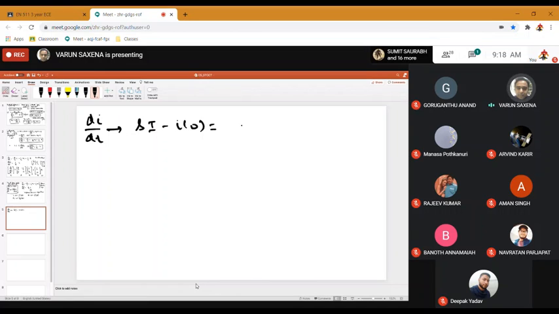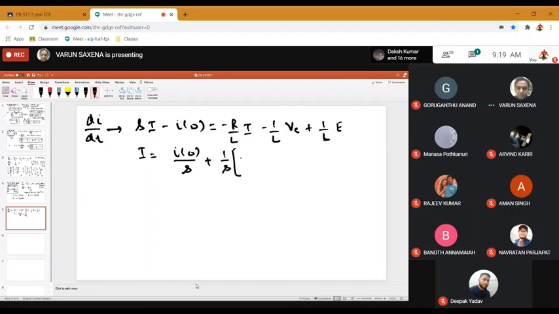So this becomes equal to minus R by L into I, minus 1 upon L into Vc, plus 1 upon L into E. Let me write it like this: I becomes equal to I0 by S, plus 1 upon S times minus R by L into I, minus 1 upon L into Vc, plus 1 upon L into Vs. So this is what you get when you take the Laplace transform of the first equation.